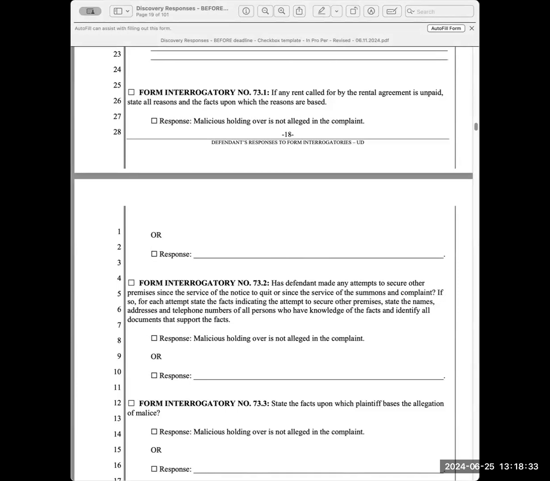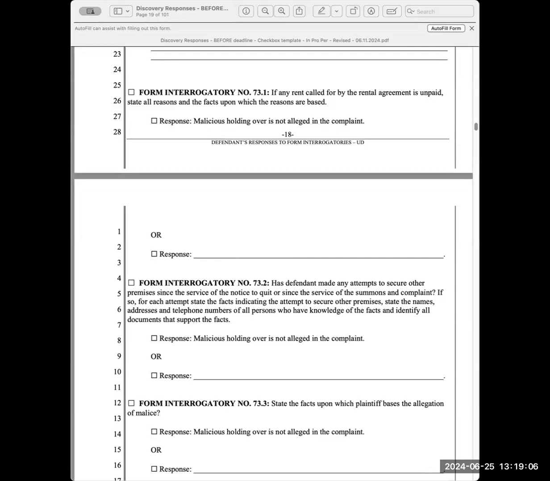Okay, so on your complaint, on page 3 of 4, number 14 is: defendant's continued possession is malicious and plaintiff is entitled to statutory damages under Code of Civil Procedure section 1174(b). State specific facts supporting a claim up to $600 in Attachment 14.